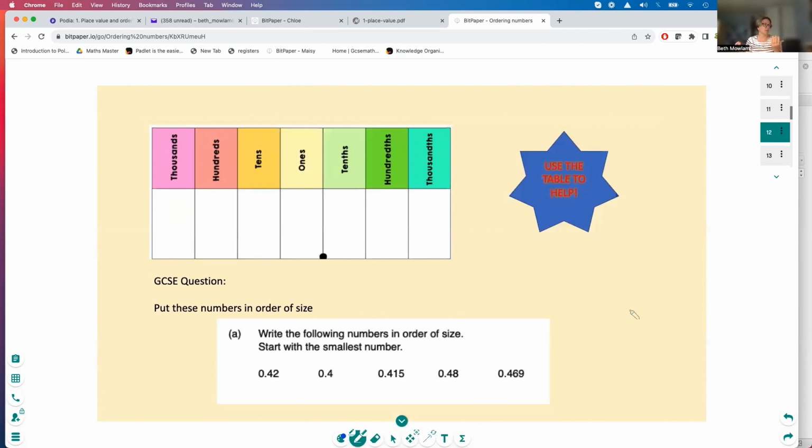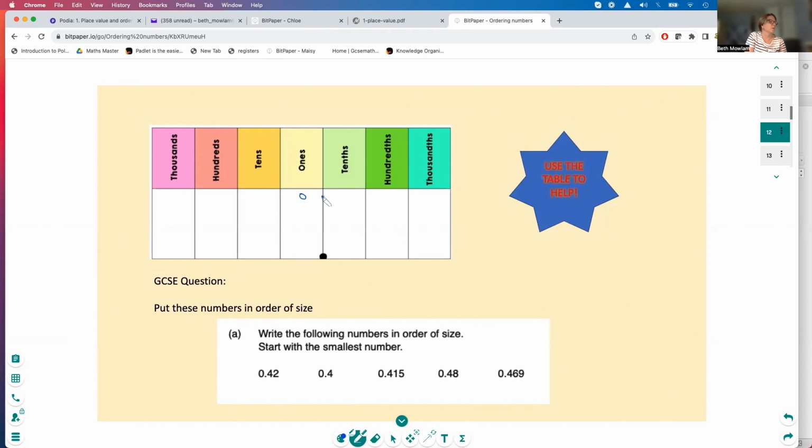So this is a GCSE question. This has actually come off a paper, and it says, write the following numbers in order of size, start with the smallest number. Now, the easiest way to do it is to put them all into a table.